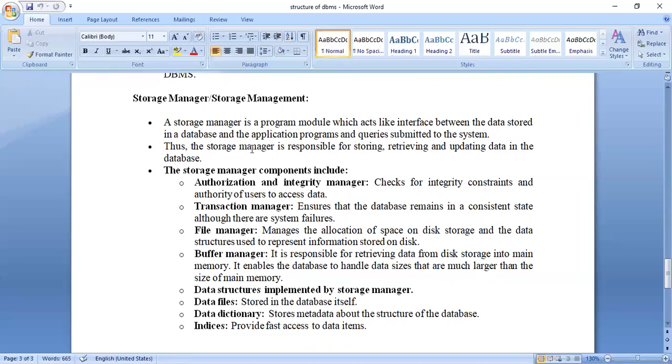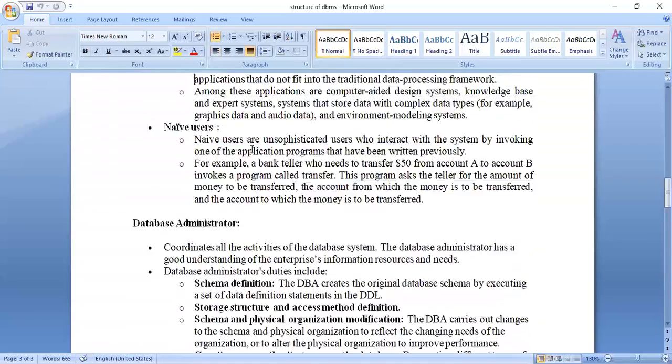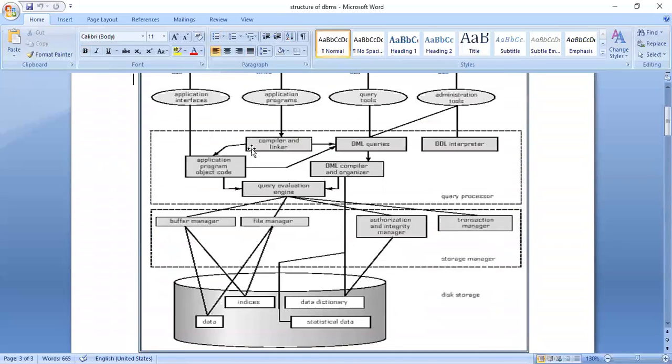So the very basic things which you should understand in a database management system are the storage manager, query processor, and database administrator. The query processor keeps track of all the queries and provides a low level language to the query evaluation engine. The storage manager is used to store different types of data because the database is stored in the hard disk already.